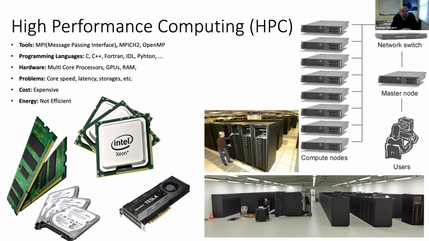They have many more cores than CPUs if you compare GPU and CPU, but less frequency speed. Maybe you should not consider those, but if we do this kind of science, we should be aware of those technologies.